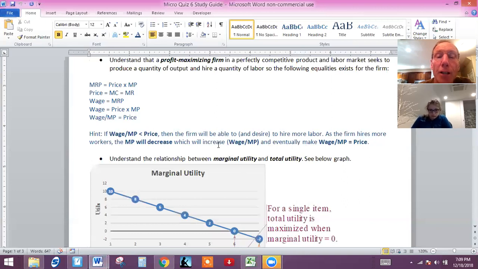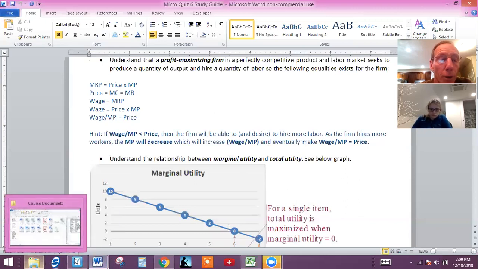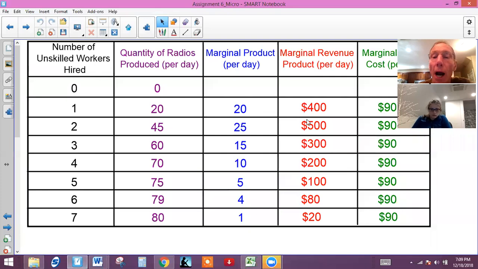Because think about it, as they hire more labor, all of our functions and tables show that as a firm hires more labor, the marginal product goes down. So we're making that assumption that the next worker they hire is going to produce less than the one before it, right? Because this went up, and then it started going down.